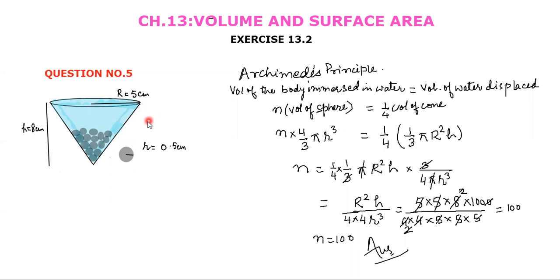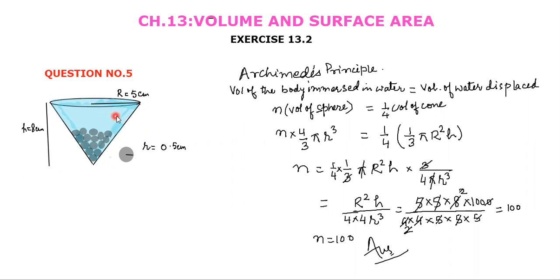So he wants us to find out the number of spheres dropped, whereas he is giving that the water that moved out of the vessel has volume one fourth of the water contained in it.